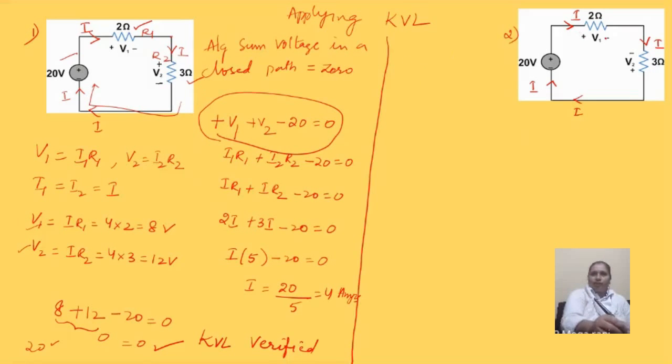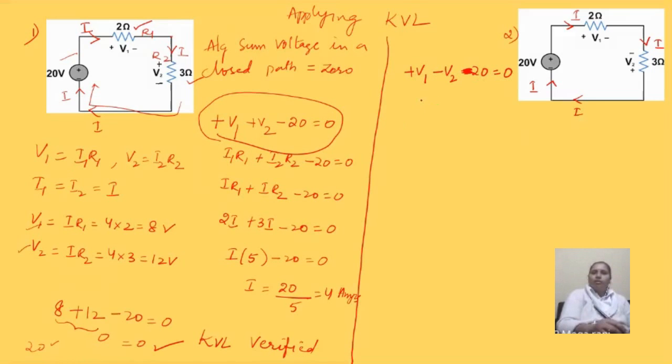It is plus V1. Now here the first terminal touched by I in its path is minus, so minus V2. So plus V1 minus V2 minus 20 equal to 0.